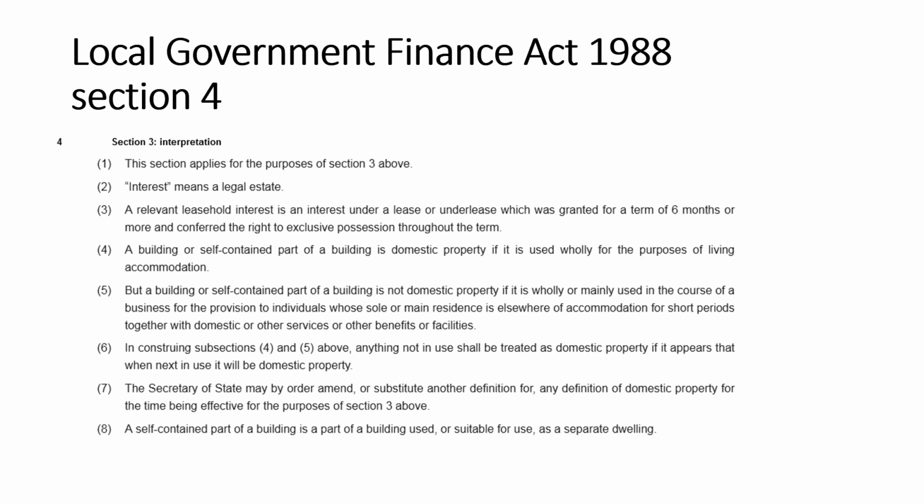And then it says the Secretary of State may by order amend or substitute another definition for any definition of domestic property for the time being effective for the purpose of section 3 above. Well, we don't deal with the Secretary of State, and I don't think the local councils do either. And then under number 8, a self-contained part of a building is part of a building used or suitable for use as a separate dwelling.